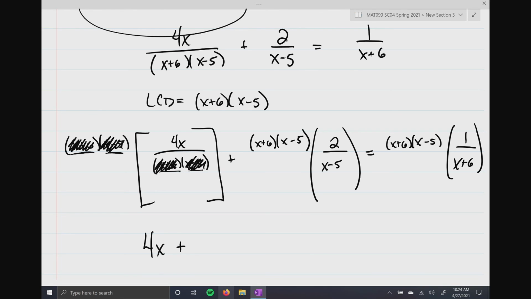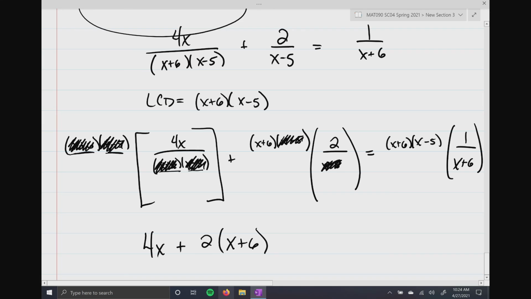Now, for the second fraction. You got an x plus 6 times x minus 5 in your numerator, and you're multiplying that by 2 over x minus 5. The only thing that reduces here are the x minus 5s. That's it. What's left over? 2 times x plus 6.